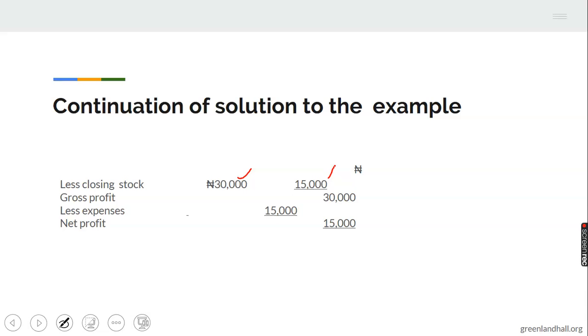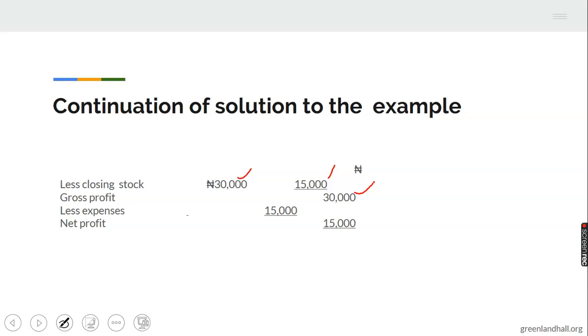Now to determine the gross profit, it's going to be our sales, which is 45,000 naira, minus this 15,000 naira, and that will give us 30,000 naira. Then the expenses was given to be 15,000.